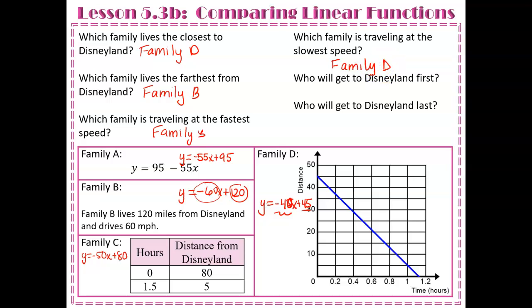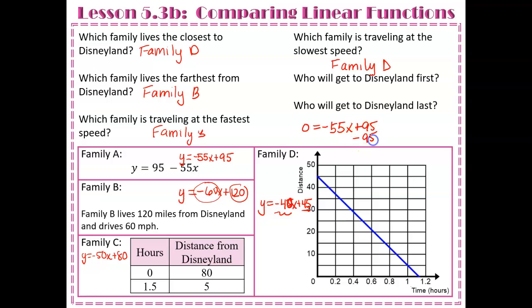All right, to find out who is going to get there first, you have to replace y with 0 to get how long it's actually going to take them to get there. So I'll do an example for family A, and then I'll pause, and then you can do the rest of them. So for family A, I'm going to put 0 in for y in y equals negative 55x plus 95. When we solve for x, we get how long it's going to take them.